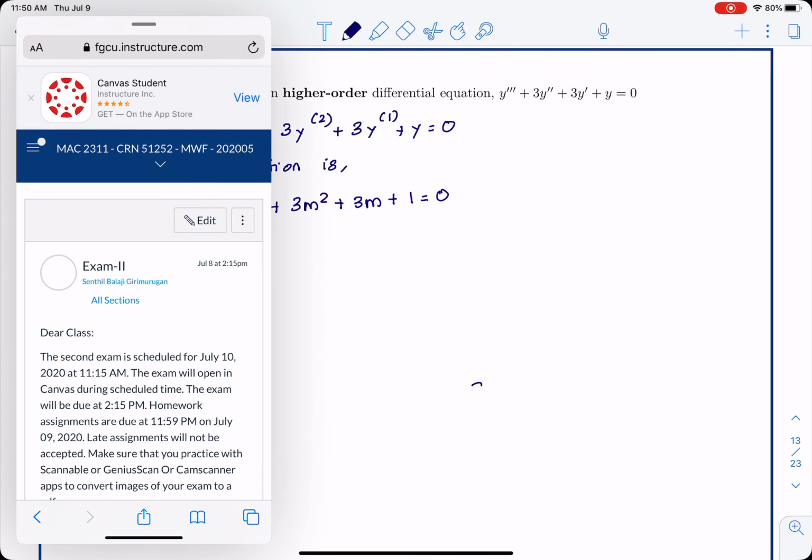Let's adjust the window so we can see things better. And that's what we have, and it seems like the zero crossing is happening on the negative side.